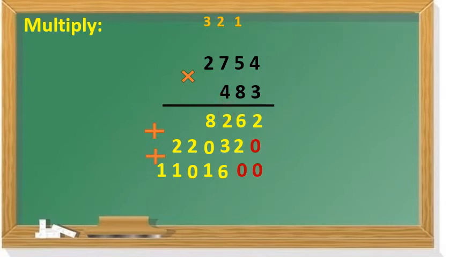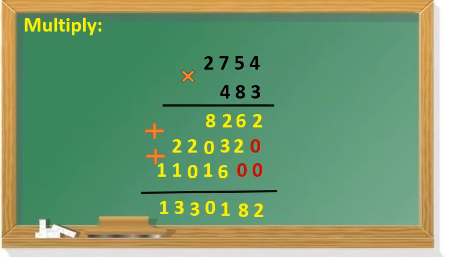Okay. Now we are going to add all these numbers. We'll start from the unit place. 2. Here 6 plus 2 is 8. Here 6 plus 3 plus 2, 11. 1 carried over. 8 plus 1 is 10. 0, 1 carried over. 2 plus 1 is 3. 2 plus 1 is 3 and 1.